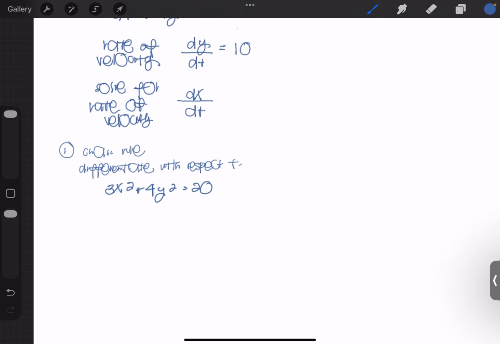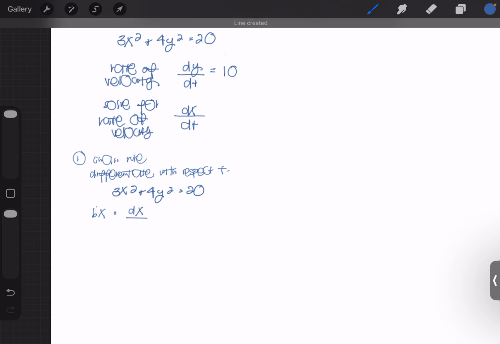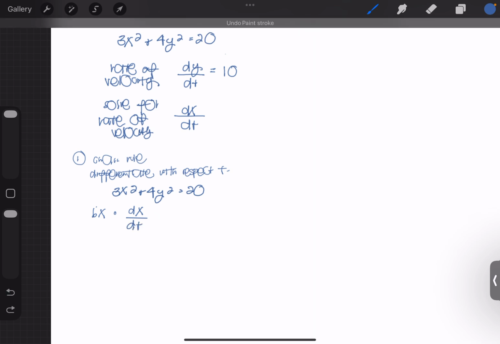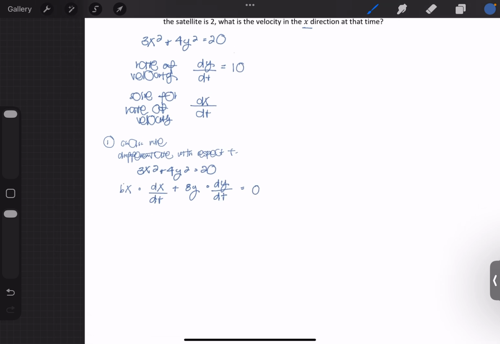If we differentiate this, we simply get 6x multiplied by dx over dt, plus 8y multiplied by dy over dt, and we know that 20 just differentiates to 0.